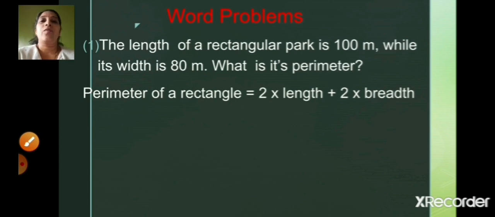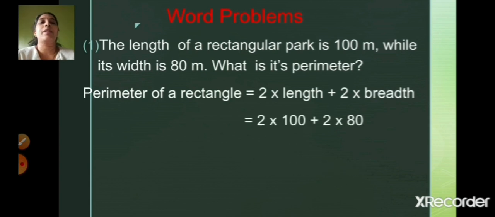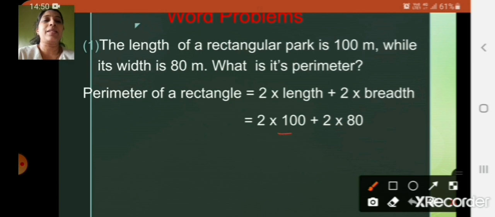So first what you will write? The formula. Perimeter of a rectangle is equal to 2 into length plus 2 into breadth. Then we will substitute the values. So as I told you, length is 100 meter, breadth or width is 80 meter, right? So 2 into 100 plus 2 into 80.